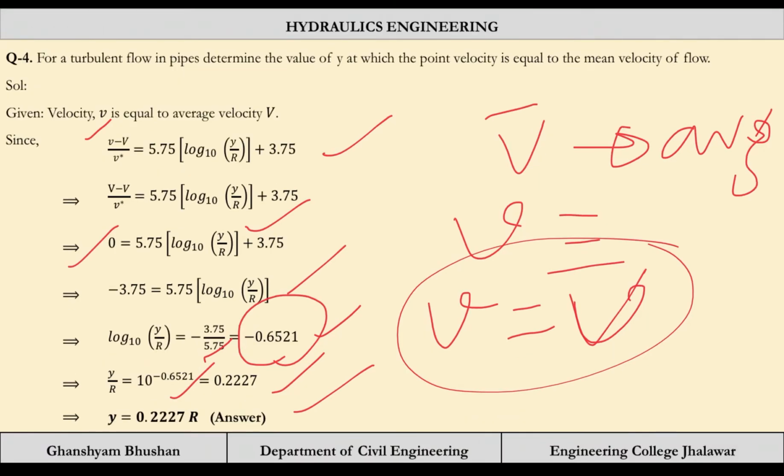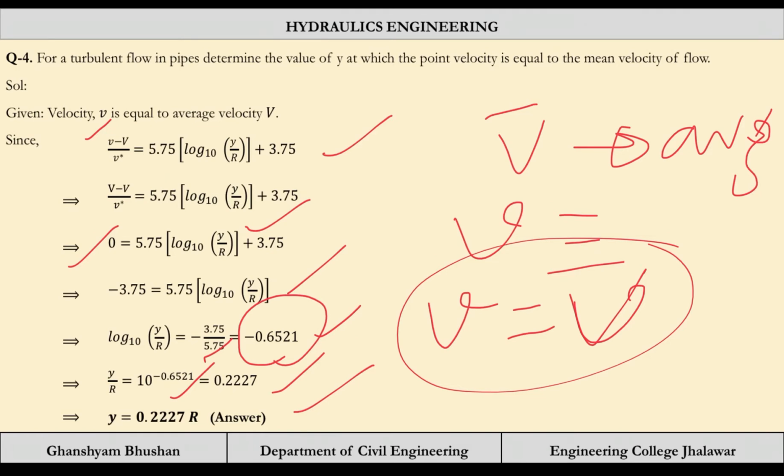So this was quite easy. It can be asked like for 4 marks or 5 marks in your examination, or directly this result can be asked in 1 mark or fill in the blanks, like y is equal to dash times r, at which the velocity is equal to mean velocity. So in any way they can ask, so you have to remember this result also.